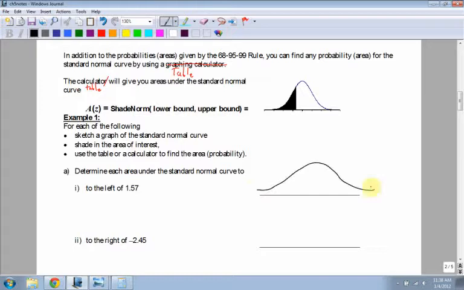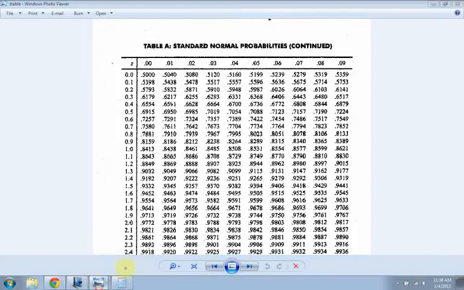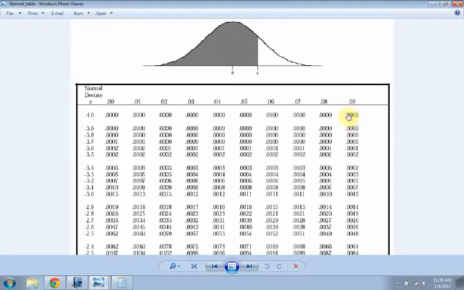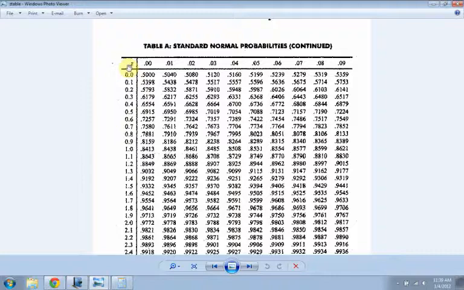Okay. I would look at my table. This one shows it pretty well. And the mean is always assumed at 0. You have two tables. You have one that has negative values, and you have one that has positive values. These are for the z values.